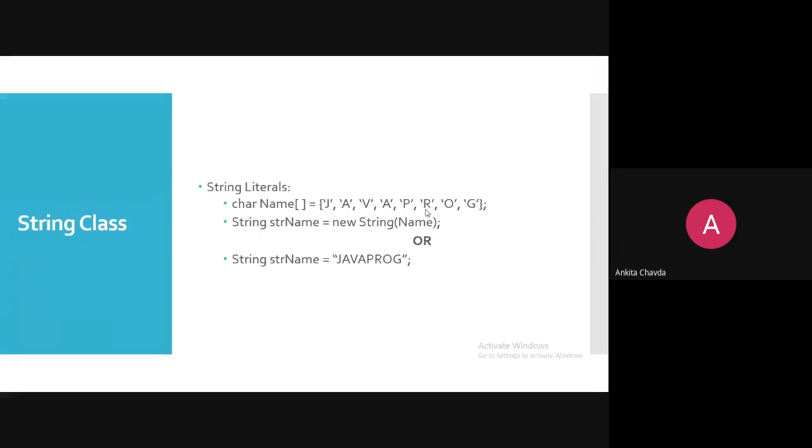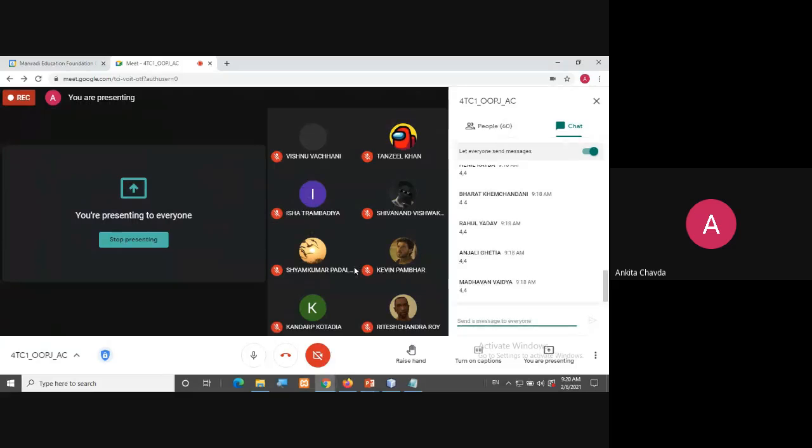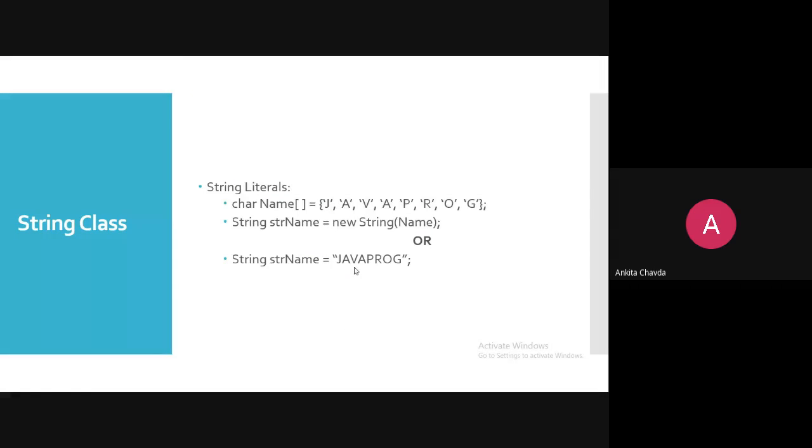Then string literals are also allowed. You can either create a character array, then pass the characters here as a name, or you can directly take a string literal. So you can pass directly this as Java prog.